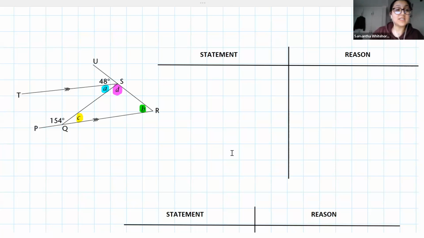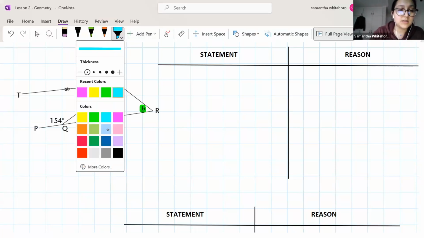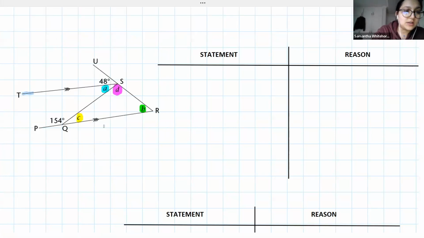Nice. I didn't even see that. Well done. Okay, so guys, I did not even see this, and that's why this is so much fun. Well done, Chantelle. Here are our co-interior angles that Chantelle is talking about. There's that U shape, which means that A plus 154 must equal 180, co-interior angles.